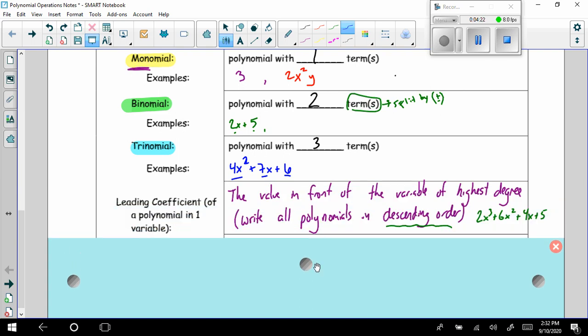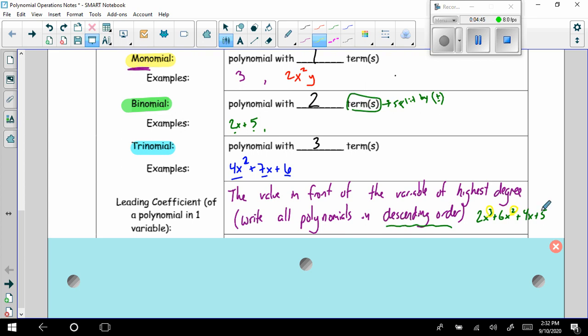All right, the value in front of the variable of the highest degree. We're going to write all the polynomials in descending order by exponent, and the value in front of the highest degree exponent is what we call your lead coefficient. And so for this polynomial, for example, you can see our exponents are in order.